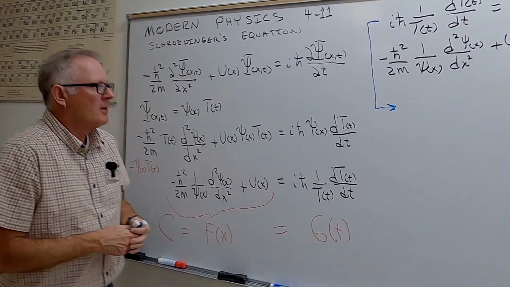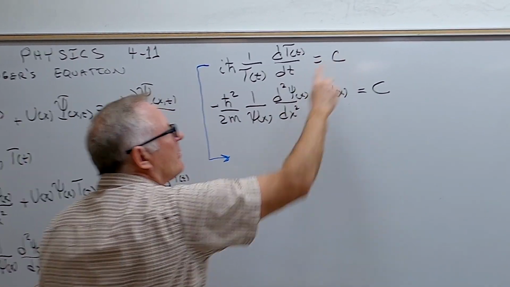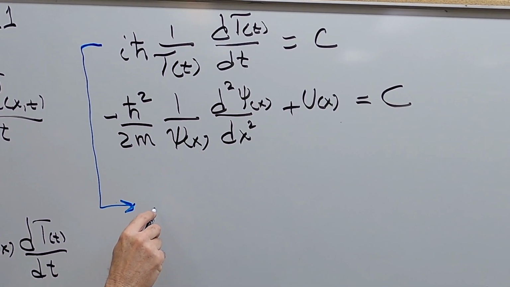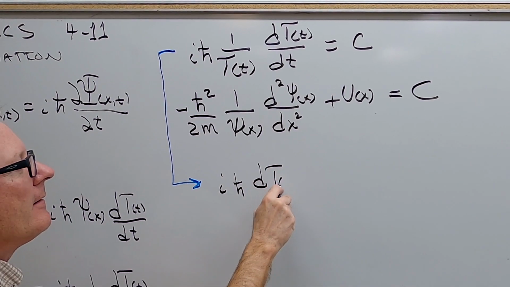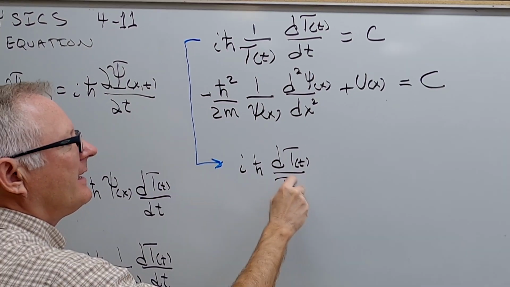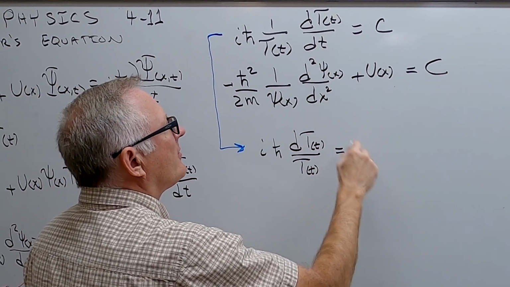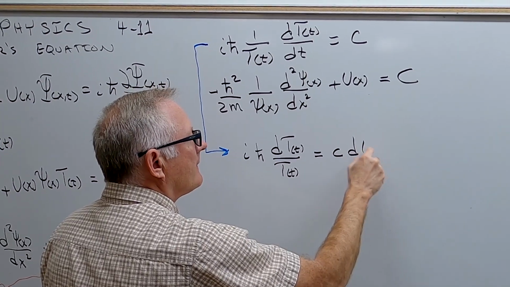Okay, well, what I think I'll do over here is I'll take the little dt and put it on the other side. So over here we have i h bar dT over T equals, and I'm just going to take the dt on the outside, c dt.